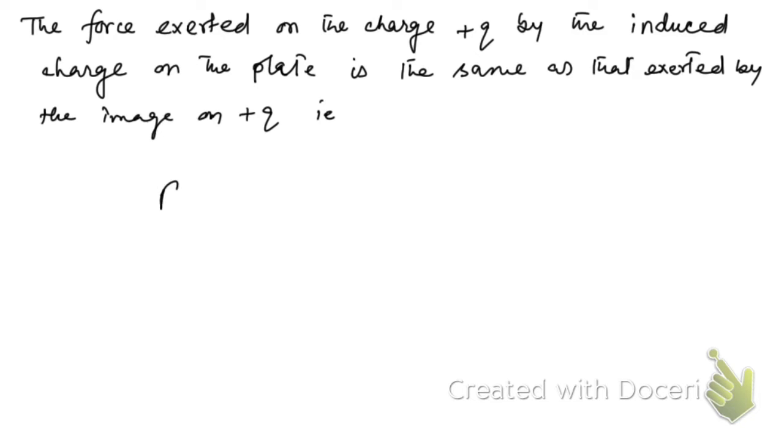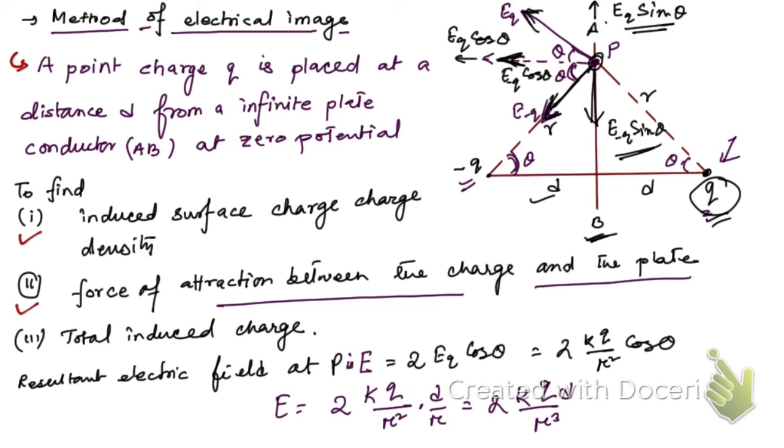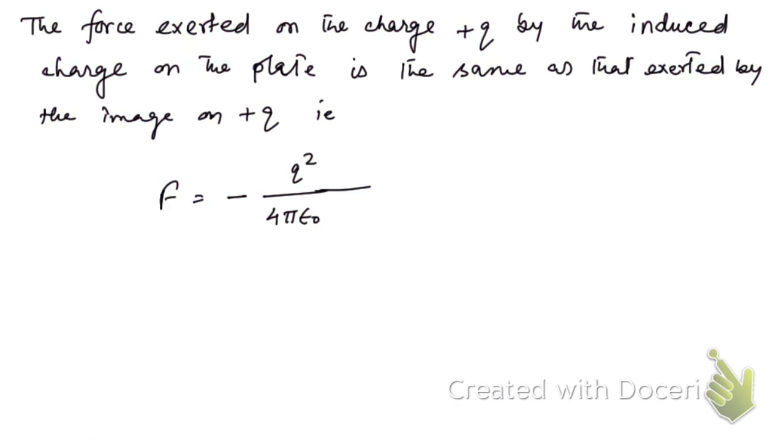So here F is equal to minus, since we have two charges, positive q and negative q, q square over 4 pi epsilon naught. Now the distance between the two charges is d plus d, that's 2d, so 2d whole square. That gives minus q square by 16 pi epsilon naught d square.